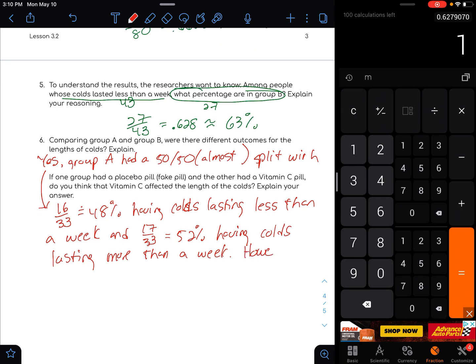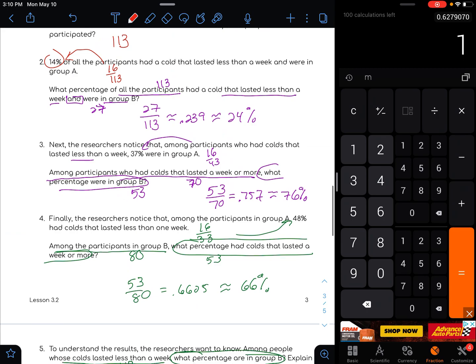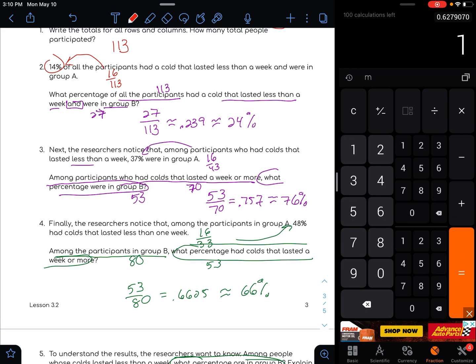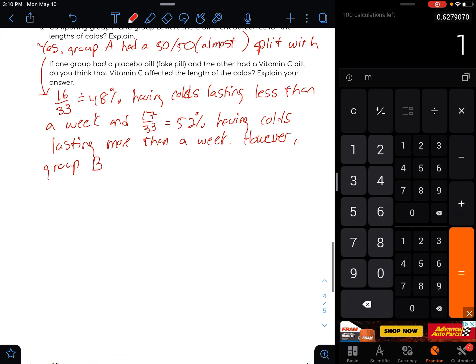However, when we look back at group B, this is that number right there. Out of all the people that were in group B, 66% of them had colds lasting more than a week.